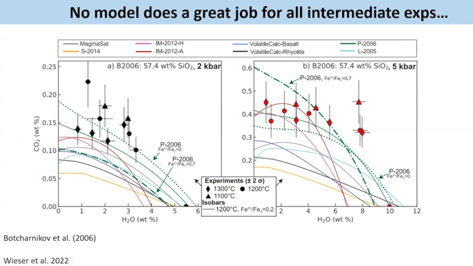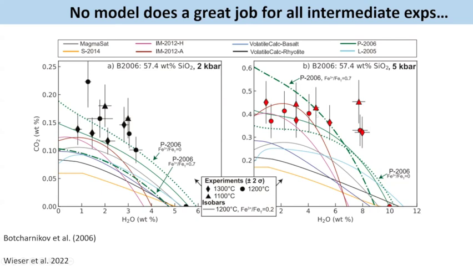It passes through the data, but these experiments were done with Fe3+ ratios between about 0.2 and 0.7. If we actually put that into the model, we end up with this dash-dot line, which is well below. The only way we can reproduce these experiments is running Papale at 0% Fe3+. MagmaSat is a bit low, Moore is kind of low, and Shishkina is very, very low.